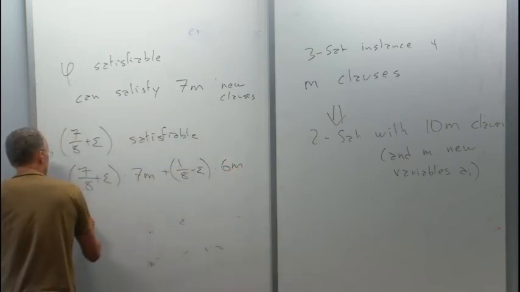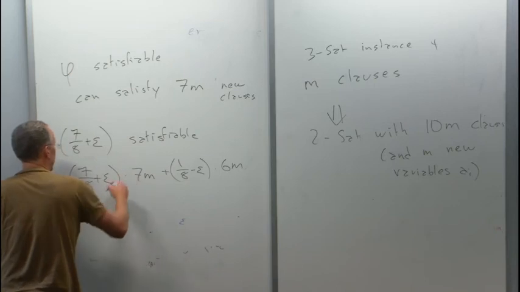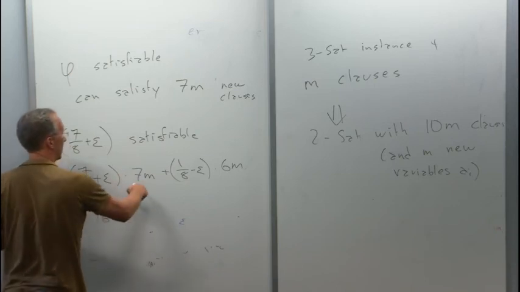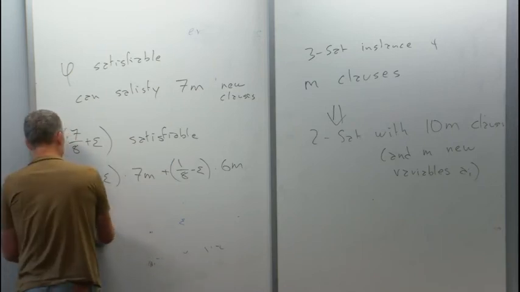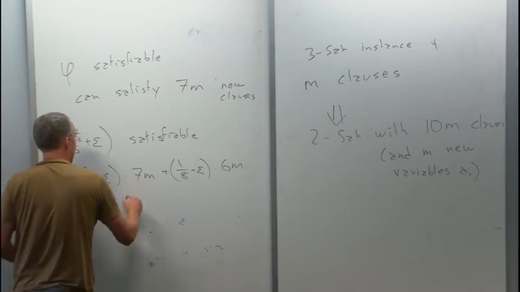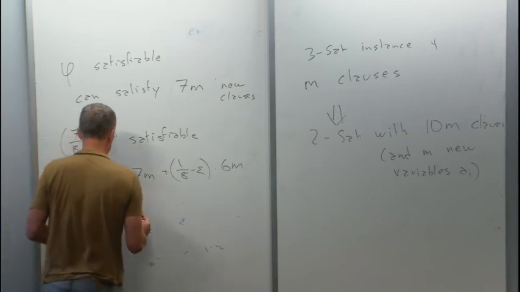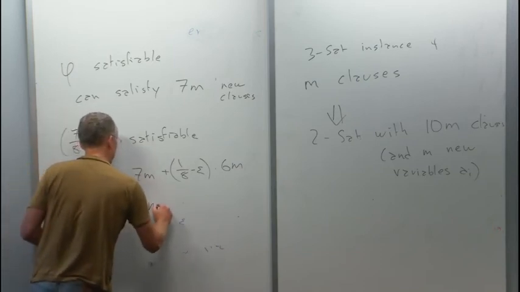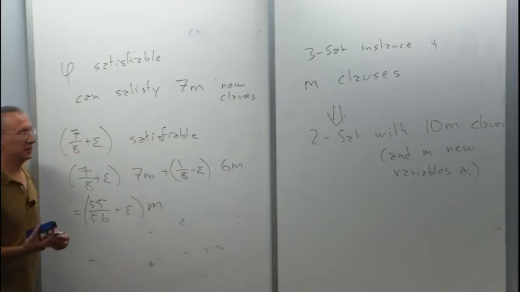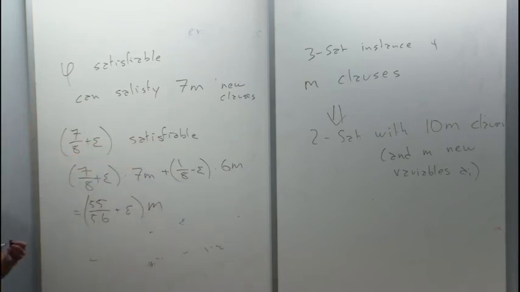And this gives 55 over 56, not 65, sorry. And in fact you even get plus epsilon m. So that gives the approximability result.